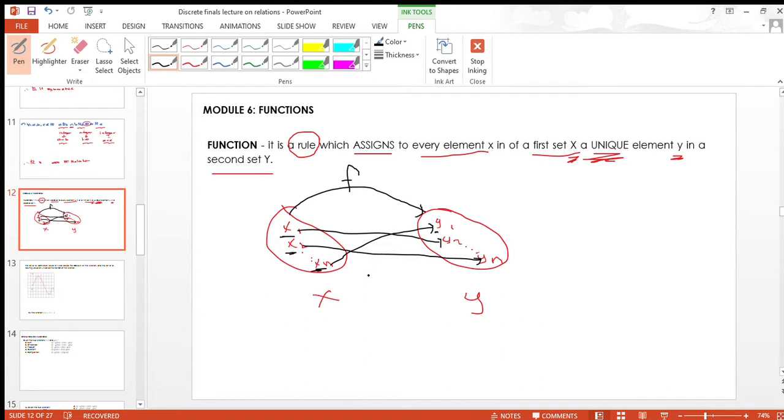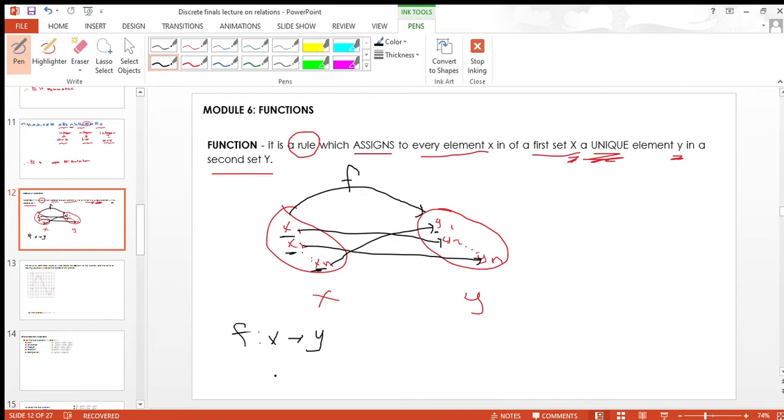So normally for diagrams like this, we can say that f is a mapping from set x to set y.